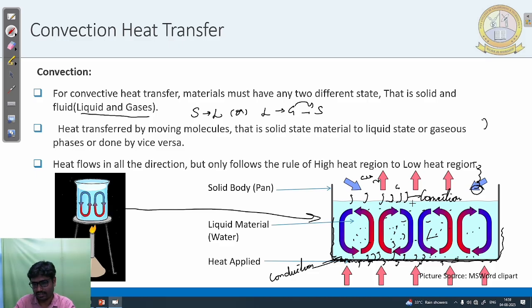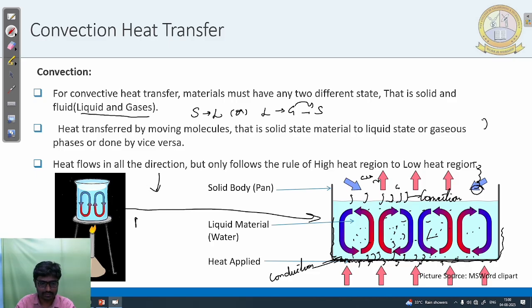So this is what convection denotes. I hope you have understood what convection is. Convection happens between two different mediums, and due to density difference also this convection will be happening, because convection is of two types.